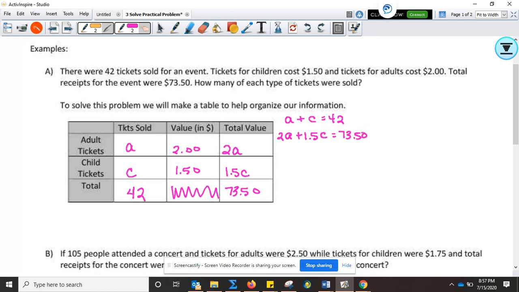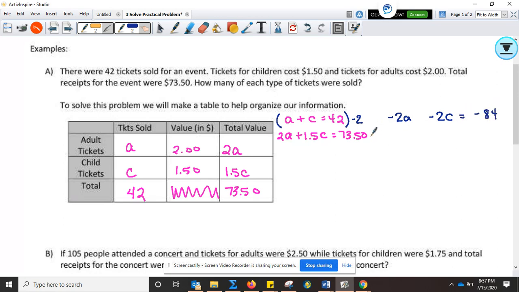I'm going to use elimination, because elimination is probably my favorite. I'm going to multiply the top by -2, and by doing that, I'm going to end up with -2A minus 2C equals -84.